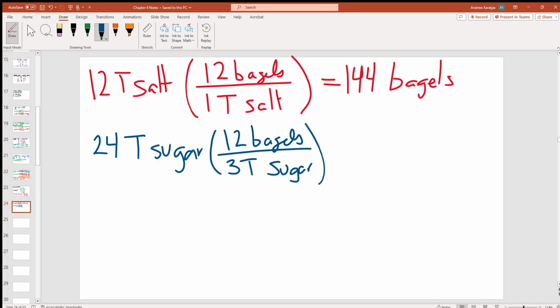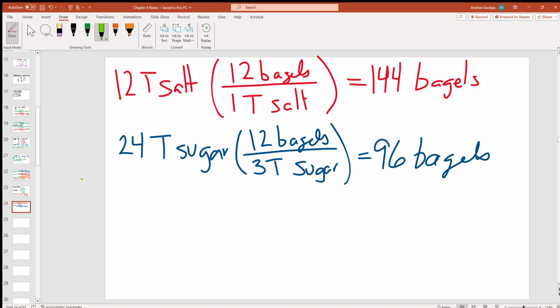So even though we have twice as much sugar available to us as we do salt, that amount of sugar is only enough to make 96 bagels. So we can already see we have way more salt than what we can use.